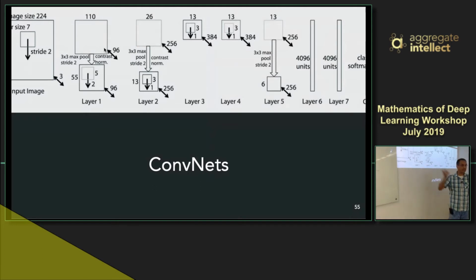So we start with an image, and then we build a convolution layer here, and another convolution layer, some pooling, and then we do a lot of layers like that, and then in the end we have a classification problem.